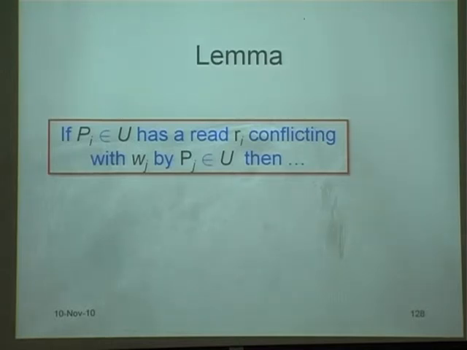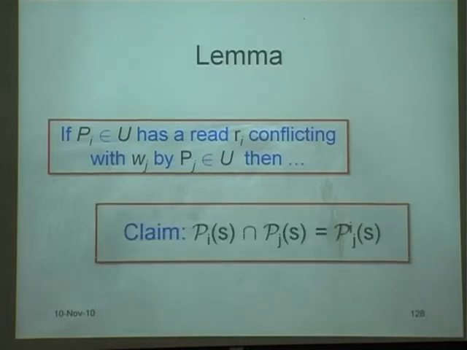Okay, so that was case one. Case two is pretty similar, and I'll go through it, but you've already done most of the hard work. Here, what happens is if it conflicts, then P sub I has a read.